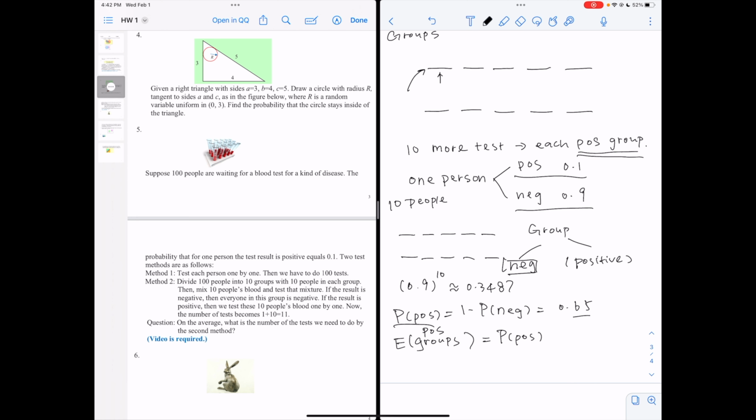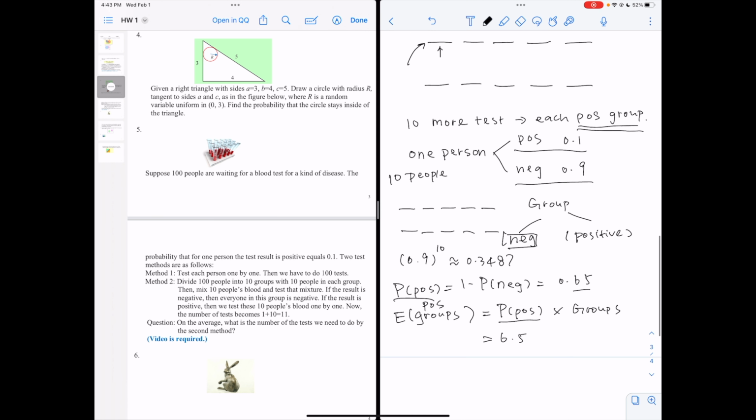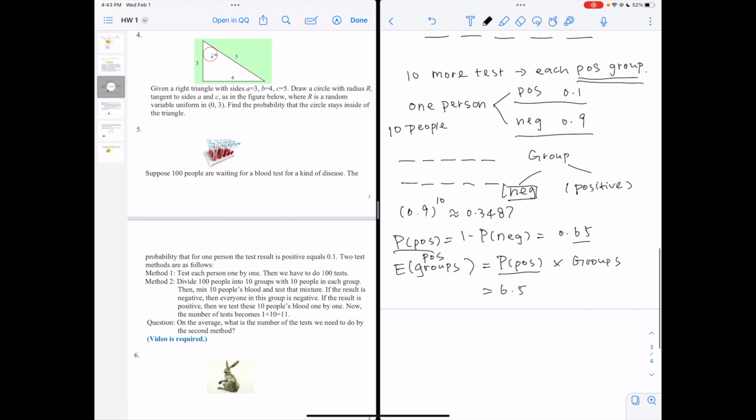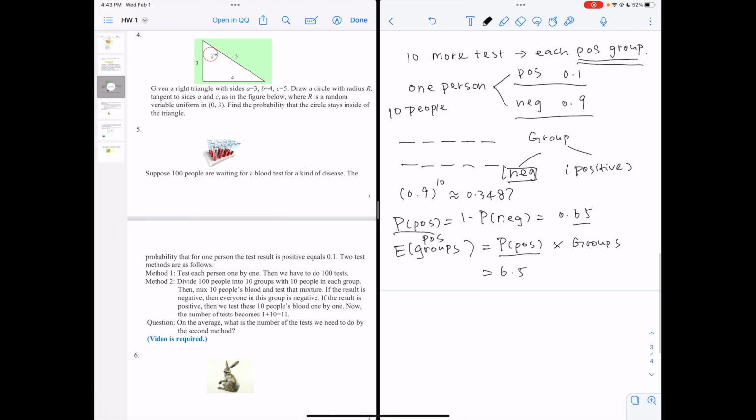So the expectation will be the probability for a group to be positive times the total number of groups. And that gives us 6.5 groups. And we mentioned this earlier: if one group tests positive, then we'll have to do another 10 tests.